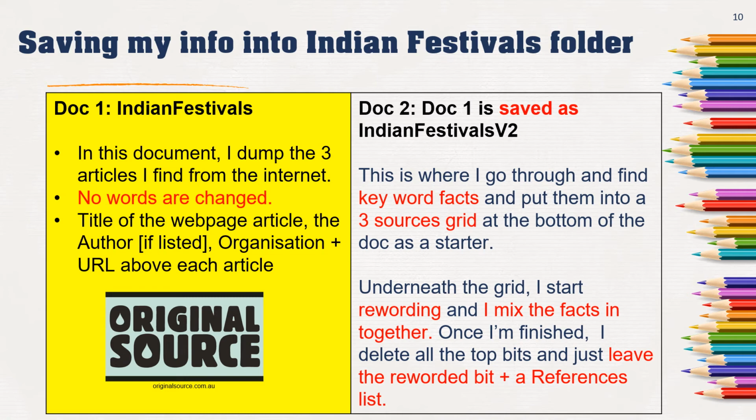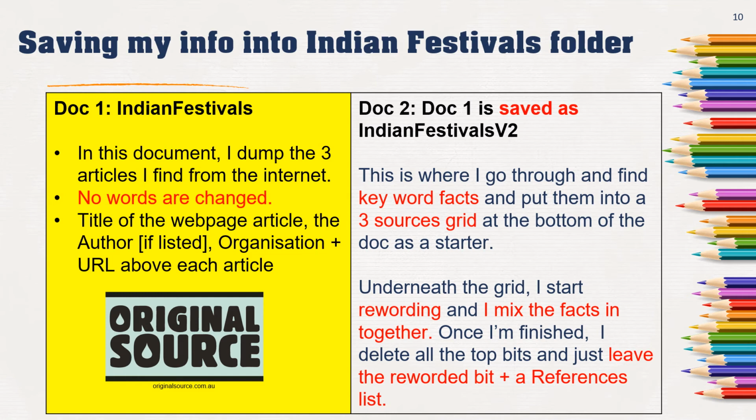And so now I start rewording and smushing all the facts in together. And I use all my tricks like synonyms, moving chunks around, adding emotive language, putting in a rhetorical question, adding lots of extra words of my own.